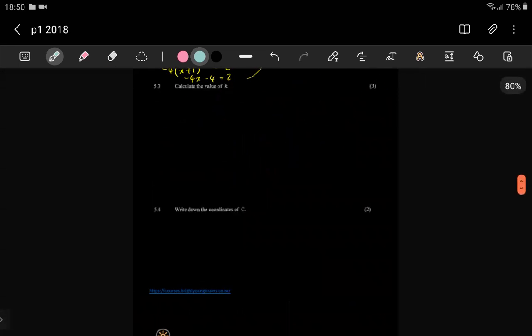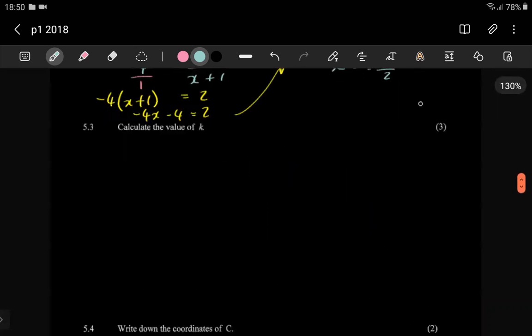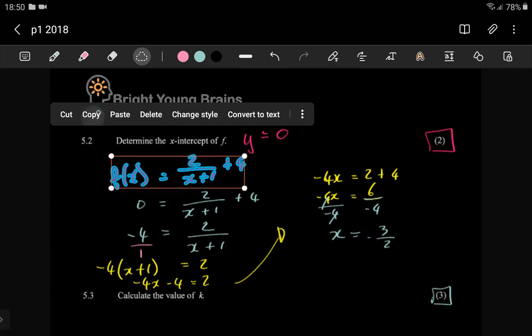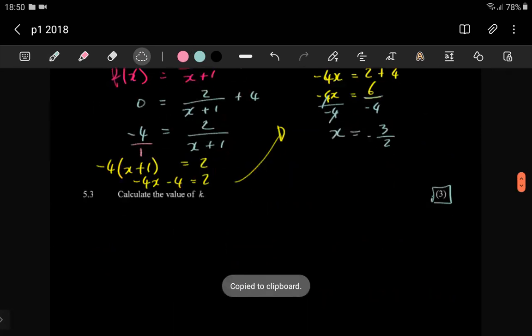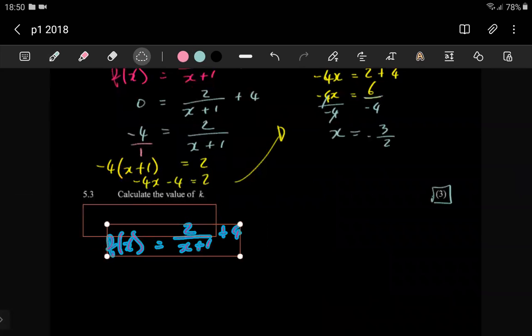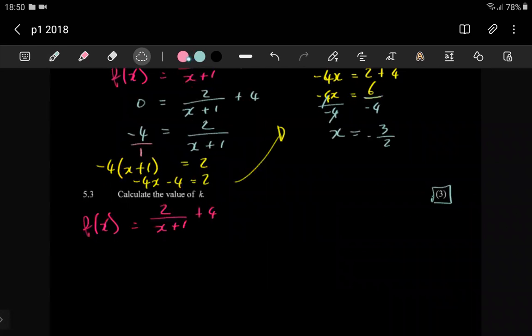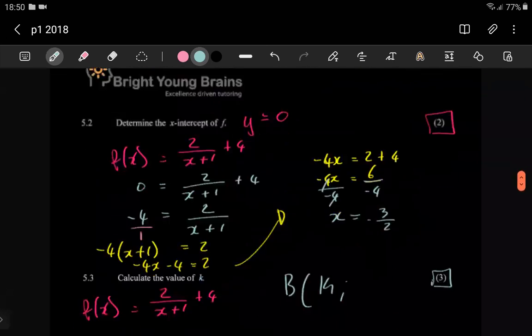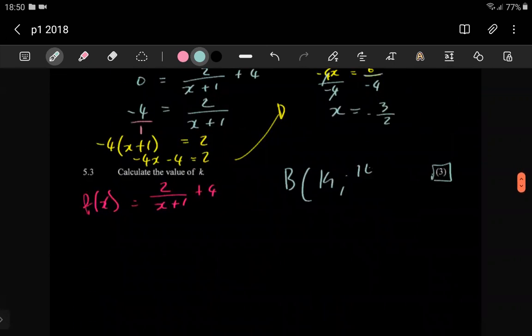It's also the reason why this is just a 3-mark question, because there's nothing special about the first 3 questions we've done. We've mainly just worked with the equation of the graph, which is what we need to be comfortable with. If you can work with the equation of a graph, you are going to be unstoppable.